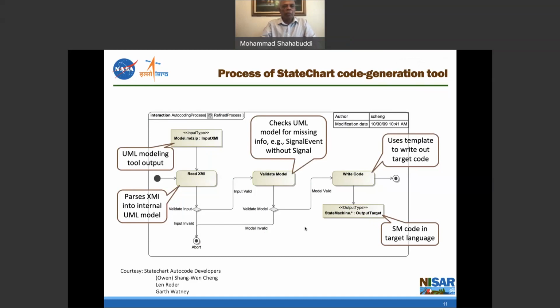The state chart coder tool takes the XMI format, reads the information, and validates the model. If there's any issue with the model, it's going to abort the code generation. Otherwise, it writes the target of the state machine into .c files.